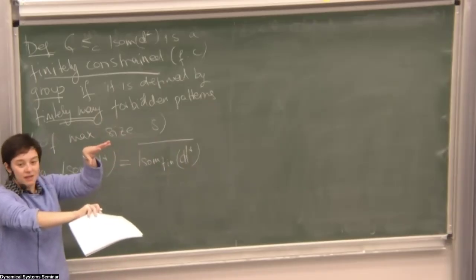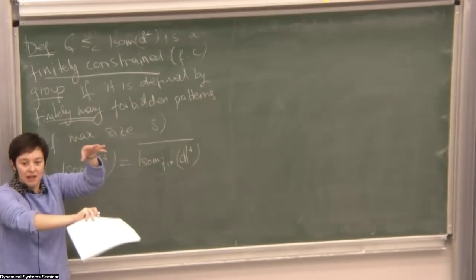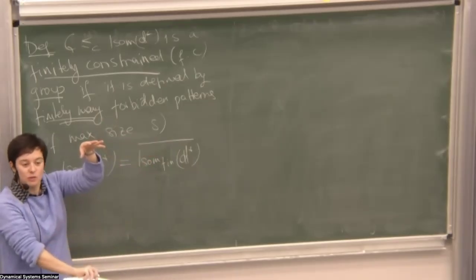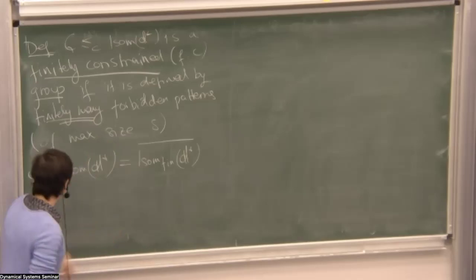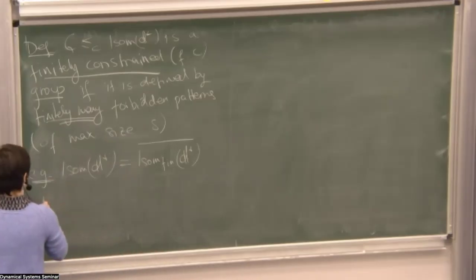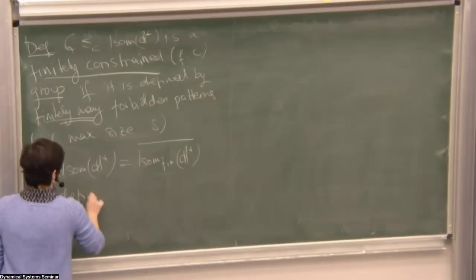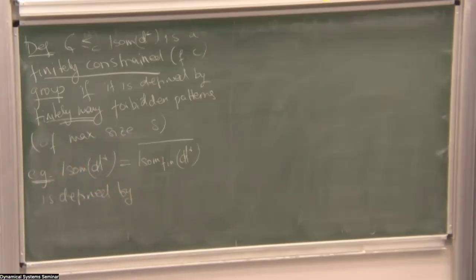So how do you take the closure? That means you take a limit of a sequence of things that do stuff to some level. Well, eventually you will have described the whole tree. Good, people are nodding, so that's excellent. This is defined by how many patterns? Which patterns?